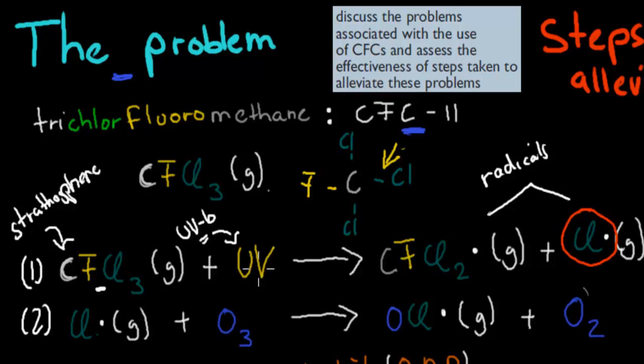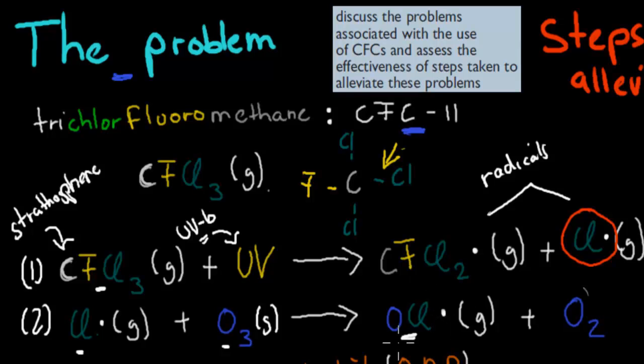That's when UV radiation or UVB radiation hits the CFC molecule in the upper atmosphere, being the stratosphere. And then we have this chlorine radical attacking, because it's a radical, right? Radicals are very aggressive. It will attack ozone, so ozone being O3, and this is all gaseous, obviously. And then what happens is we have this molecule being formed, but more importantly, you can see ozone being gone, right?